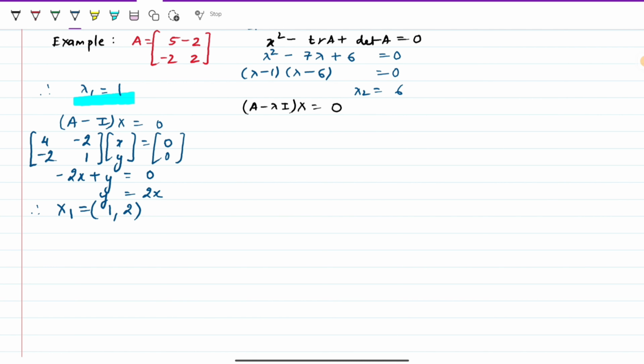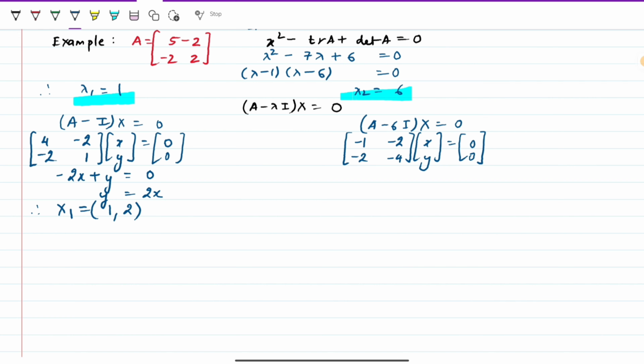And for the second eigenvalue lambda 2 equal to 6, we will be beginning with the matrix equation A minus 6 times I times x is equal to 0. And A minus 6I is going to be -1, -2, -2, and -4, times x, y, equal to 0, 0.